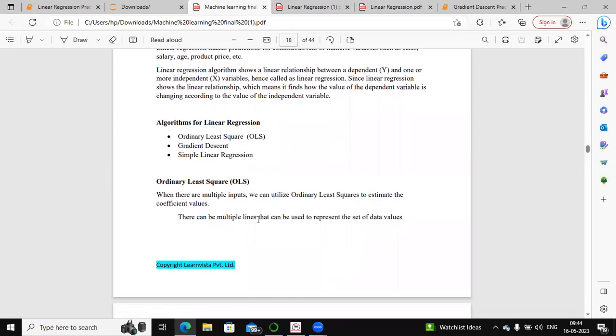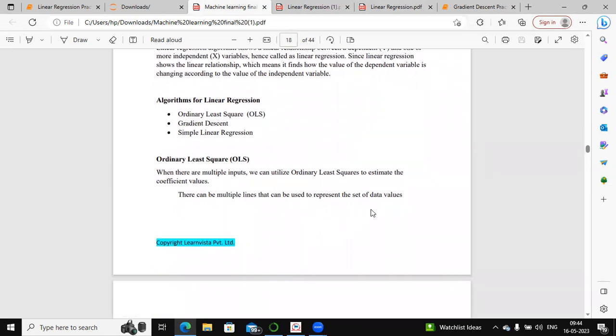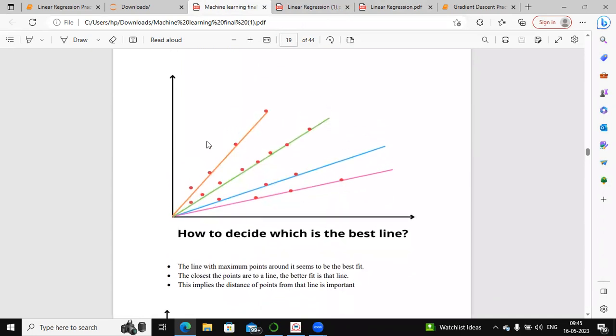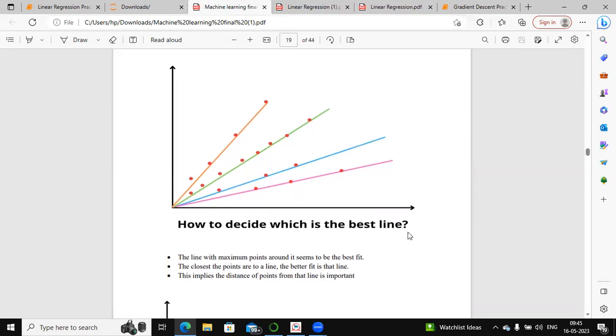There can be multiple lines that can be used to represent the set of data values. You can see how the data is distributed, and if you draw the linear regression line for this, there can be multiple lines that cross it, each covering some data points. But how to decide which is the best line?